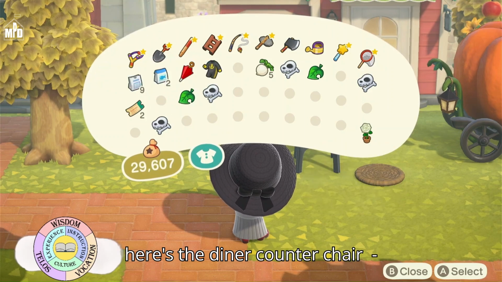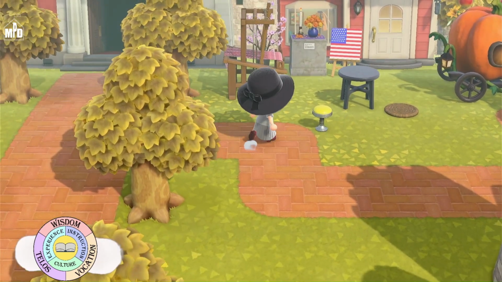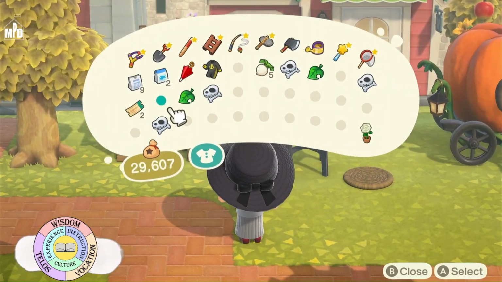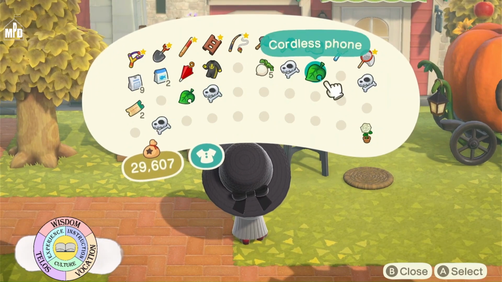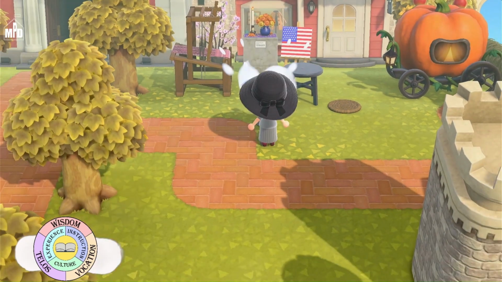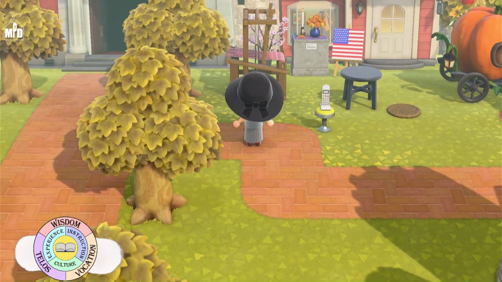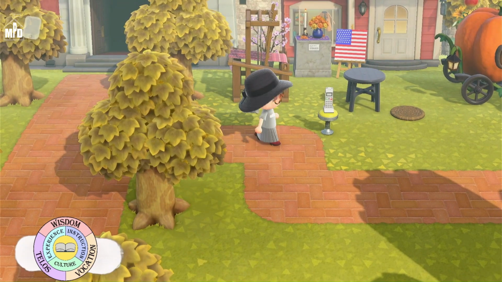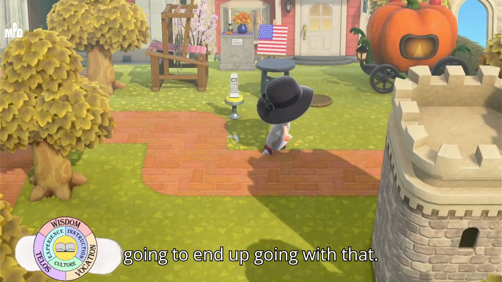All right, there's the diner counter chair. Phone on it. I'm going to end up going with that.